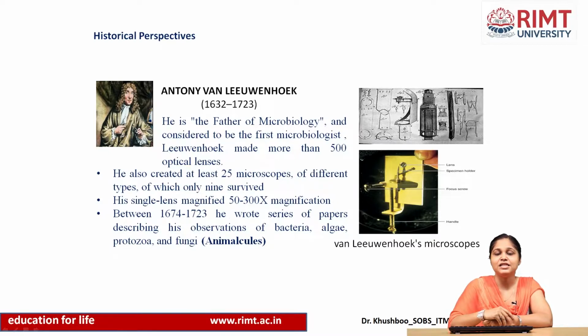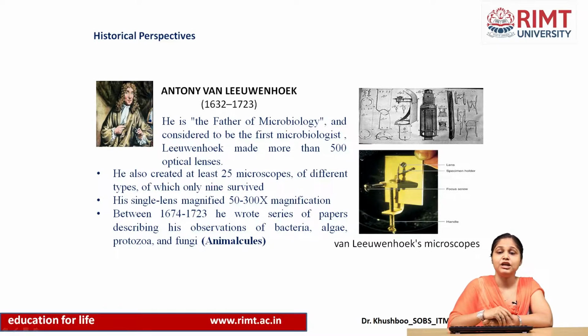His single lens magnified 50 to 300 times, and between 1674 and 1723 he wrote a series of papers describing his observations of bacteria, algae, protozoa and fungi, which he called animalcules.